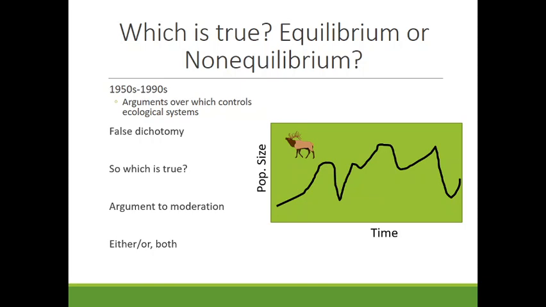It might be that a certain species is always controlled by equilibrium processes, or that a different species in a different area is non-equilibrium controlled. It's really dependent on the scenario, the species, and the conditions of the ecosystem.